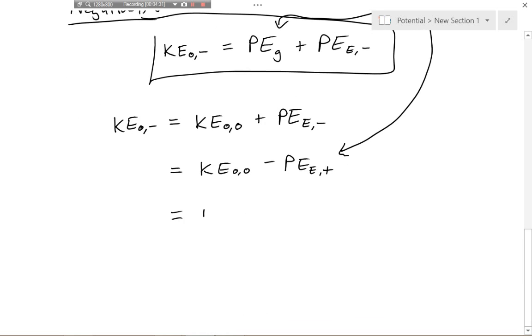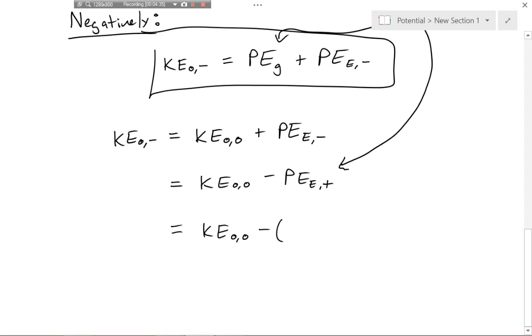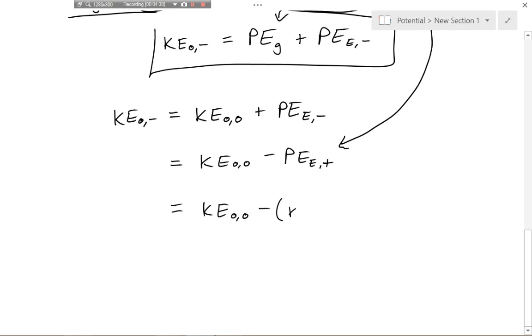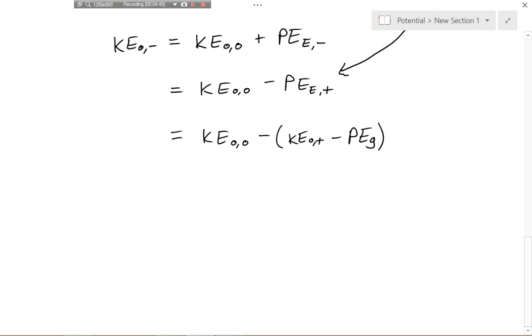So this is equal to the kinetic energy of the neutral particle minus the kinetic energy of the positively charged particle. This is going to be equal to 2 times the kinetic energy of the neutral particle, because remember, this is the kinetic energy of the neutral particle, and I have minus and negative, so that gives me 2 times the kinetic energy of the neutral particle minus the kinetic energy of the positively charged particle.